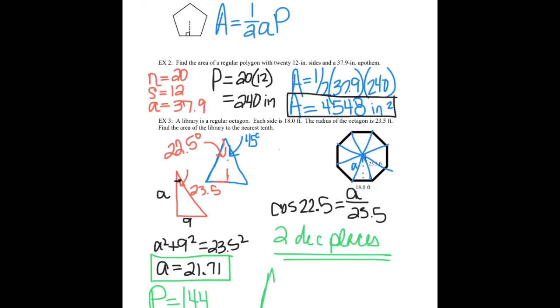So the area of the polygon is 1/2 times the apothem, 21.71, times the perimeter, 144.